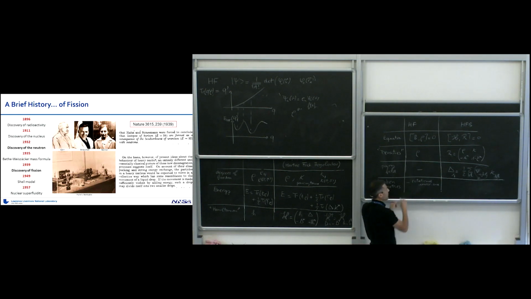There are other symmetries. If your Hartree-Fock solution leads you to a shape that, say, has a non-zero octupole moment, your shape is reflection asymmetric. It breaks parity. Parity is not conserved anymore. So this is another possible symmetry that you can break.